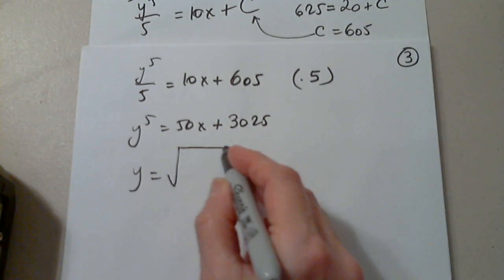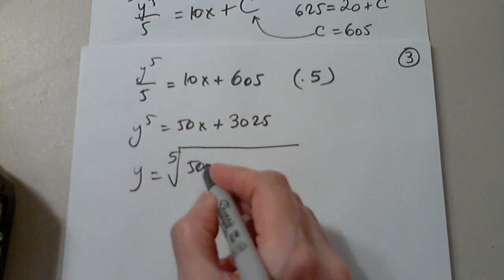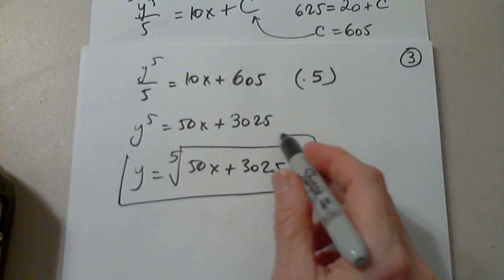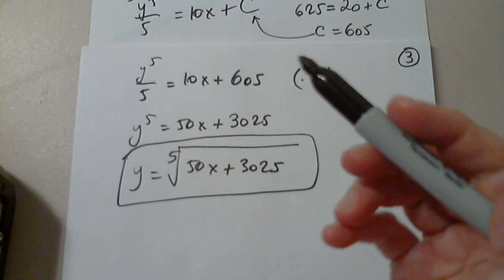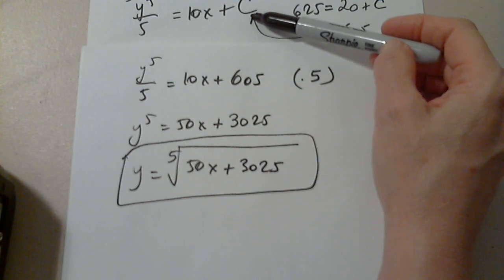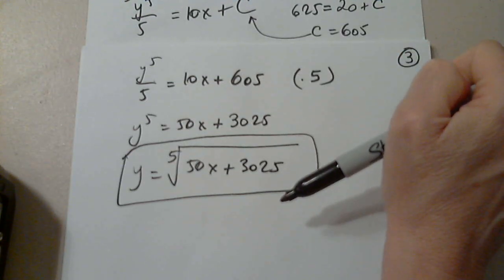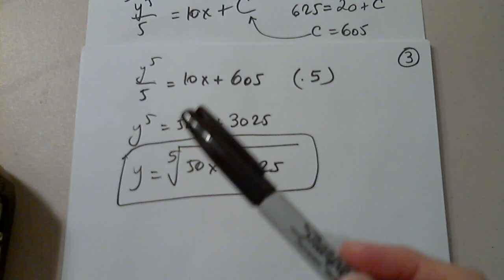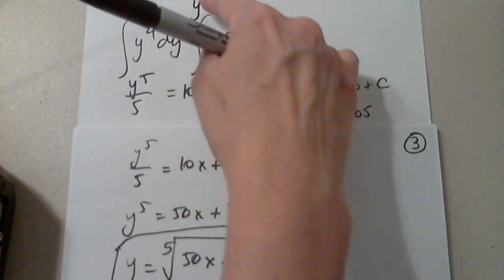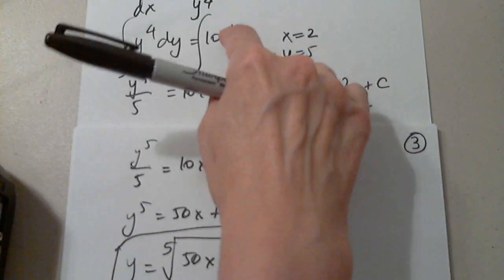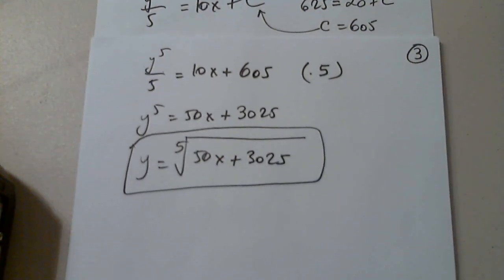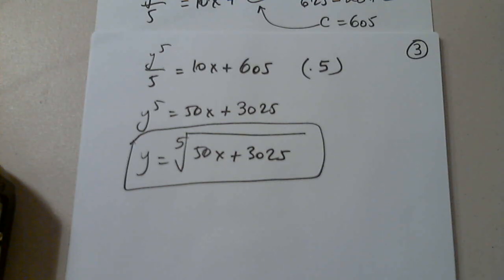So y equals the 5th root of 50x plus 3025. So calculus stops here basically. From here everything is algebra. This is the only step that has calculus in it. Everything else was algebra.